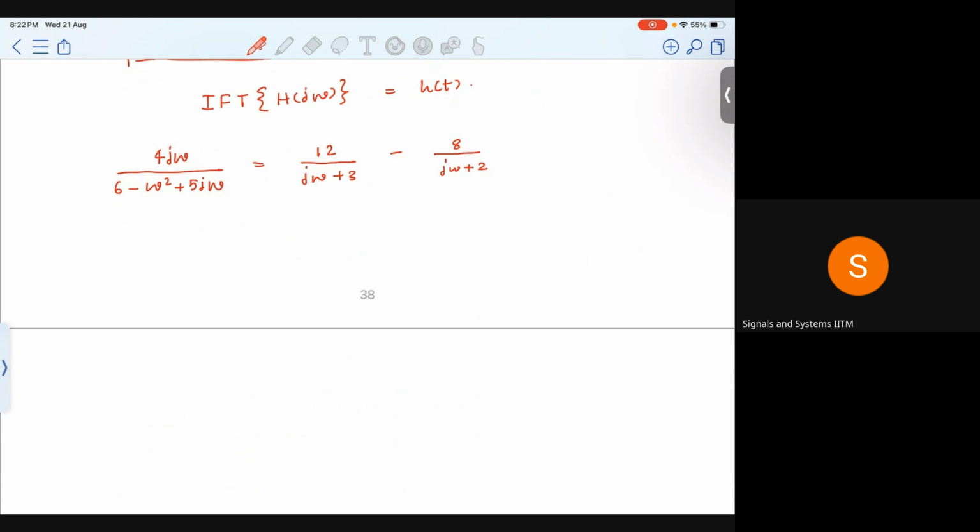And yeah, we know that the Fourier transform of... what is the Fourier transform of u of t?